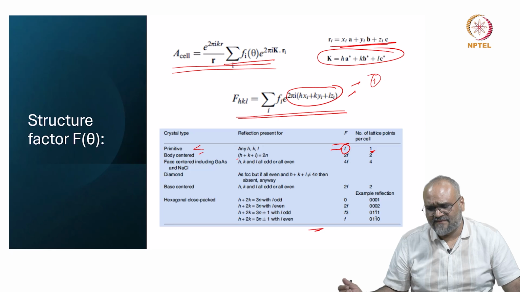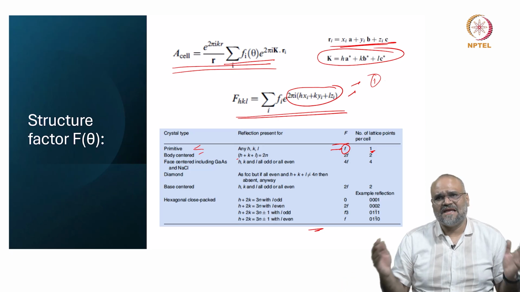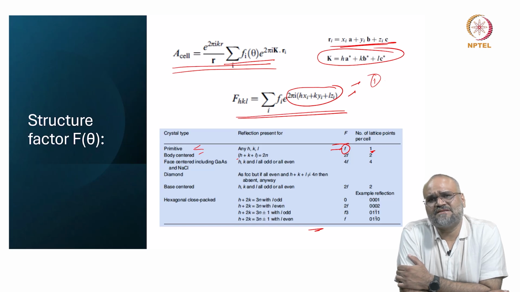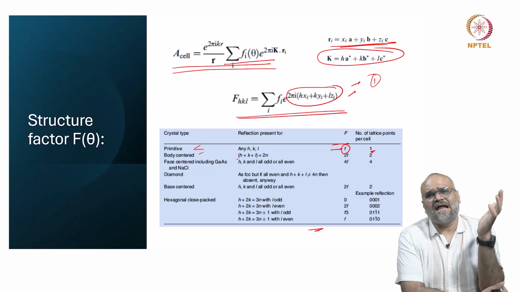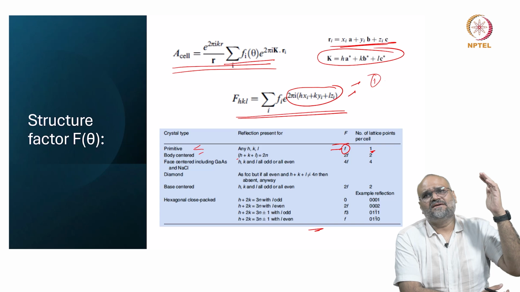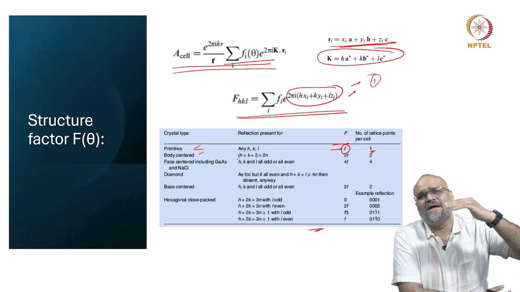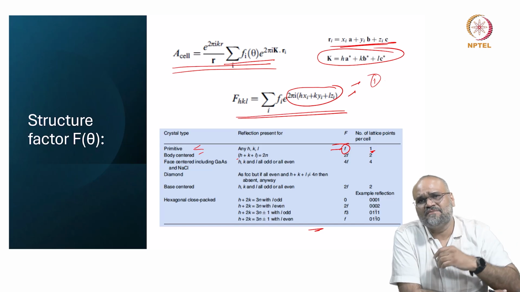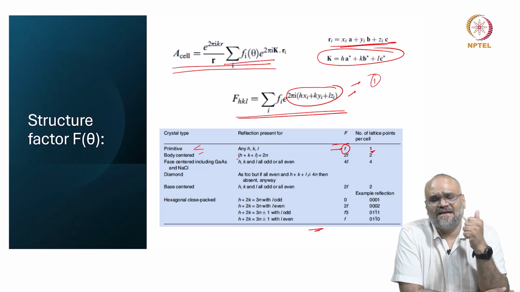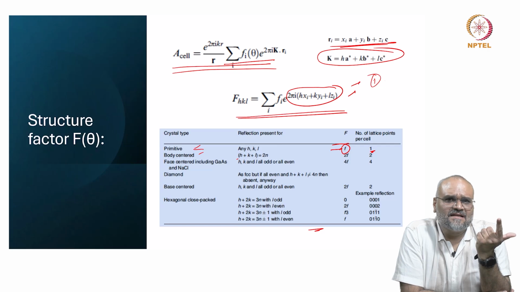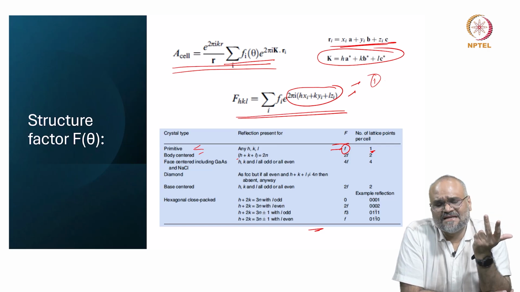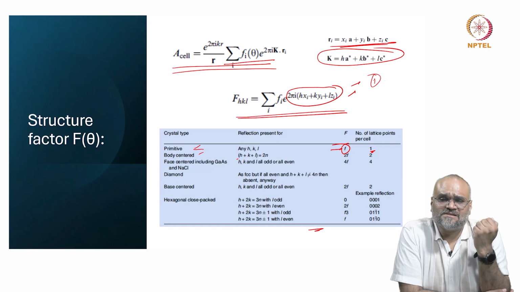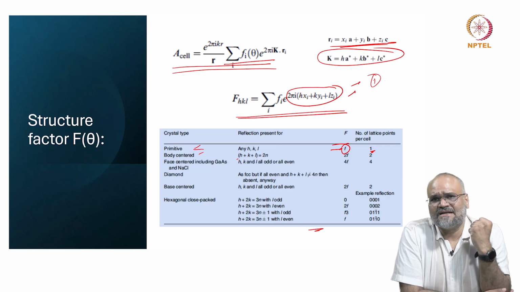But the whole objective here is to give you a flavor that diffraction is one kind of special case of scattering, and scattering can be viewed as a phenomenon where the electron beam interacts with the specimen and there is a change in the angle of scattering, and you can have elastic scattering, you can have inelastic scattering, you can have single scattering events, you can have plural scattering events, and you can also have diffraction, which is a special case of scattering.